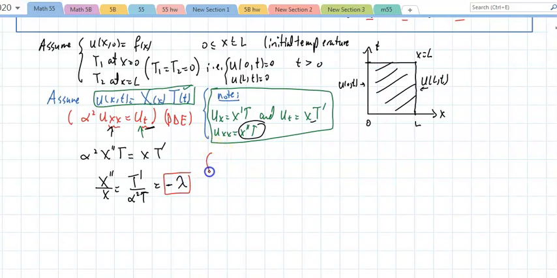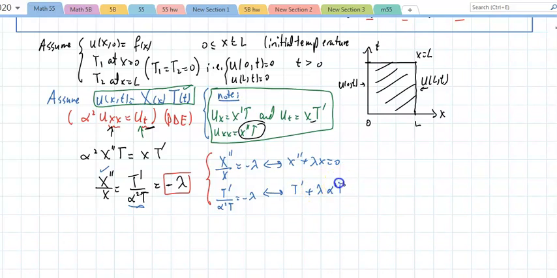And what's going to happen here, we're going to get the first equation, X double prime over X equals negative lambda, or X double prime plus lambda X equals 0. Also, we're going to get T prime over alpha squared T equals negative lambda, or T prime plus lambda alpha squared T equals 0.